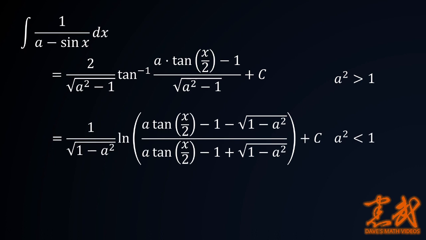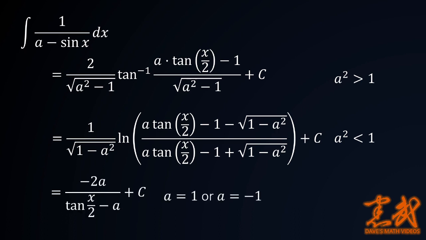If a squared happens to be less than 1, then the answer is 1 over the square root of 1 minus a squared, times the natural log of a times the tangent of x over 2 minus 1 minus the square root of 1 minus a squared, all over a times the tangent of x over 2 minus 1 plus the square root of 1 minus a squared.